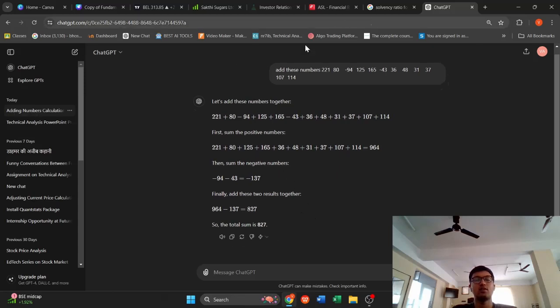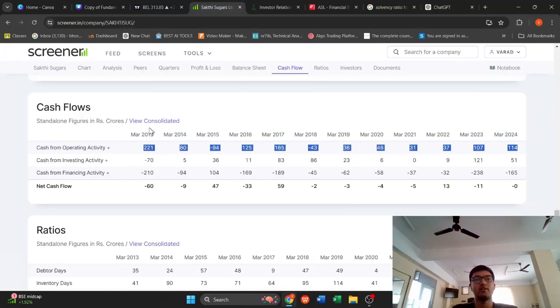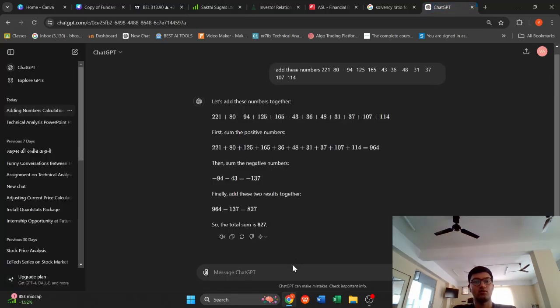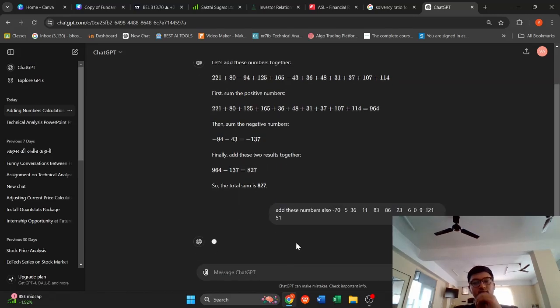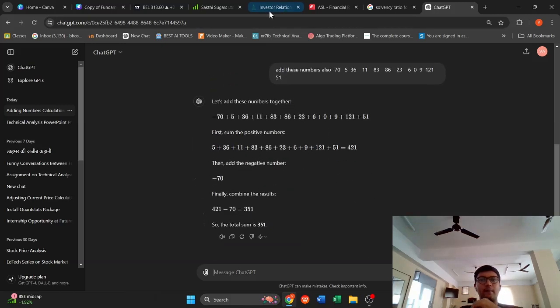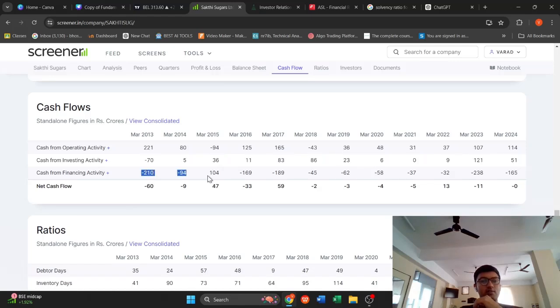So this is the cash from operating activities that Shakti Sugars has done over the last 10 years, right? Let's take investing activity, and this. So this is 351 crore. Let's add the financing activity.